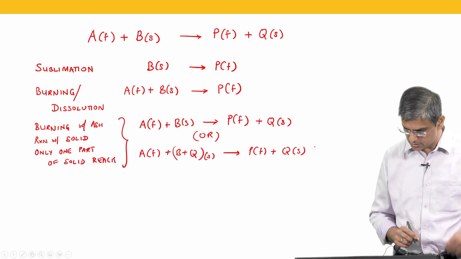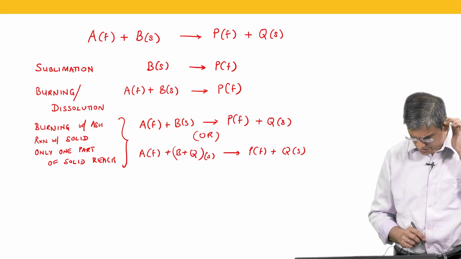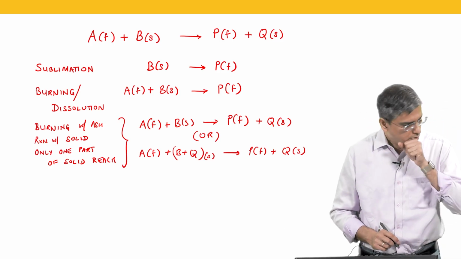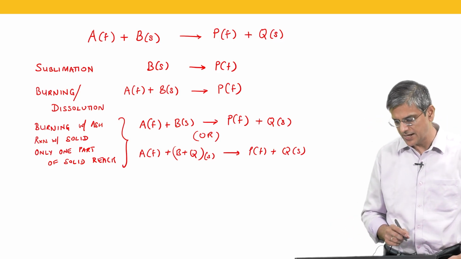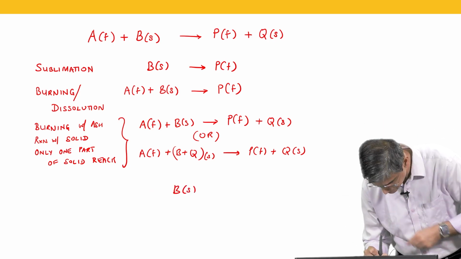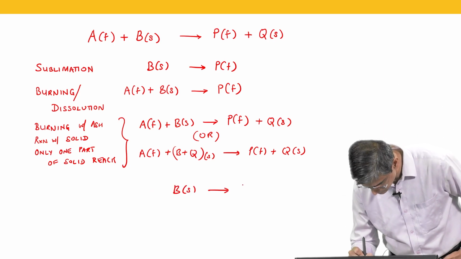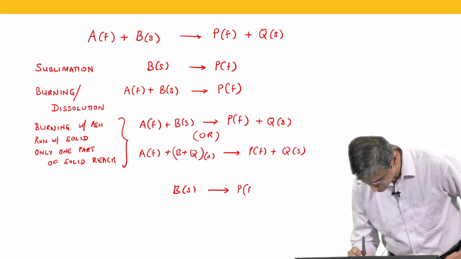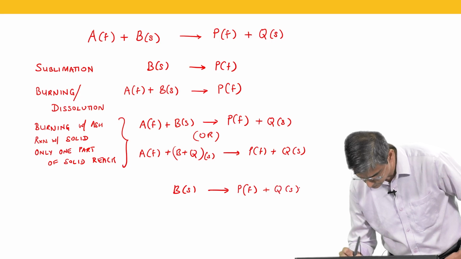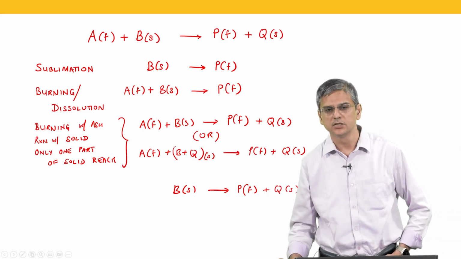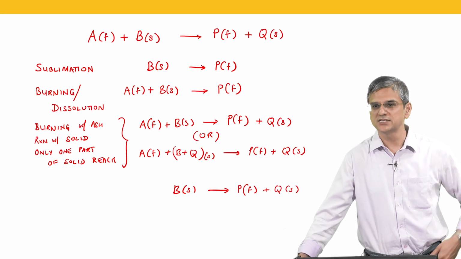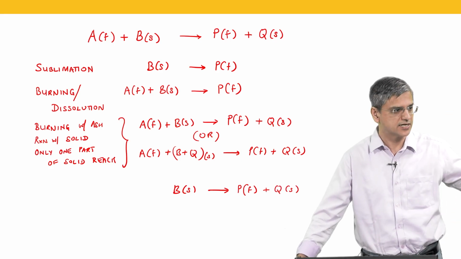And what else can we have? We have solid only, solid plus fluid, and we can have solid B plus S. In all cases we always have a solid that is in the reacting part.